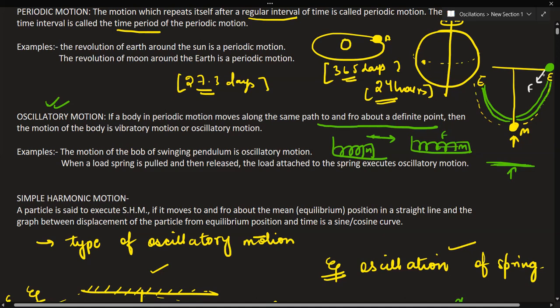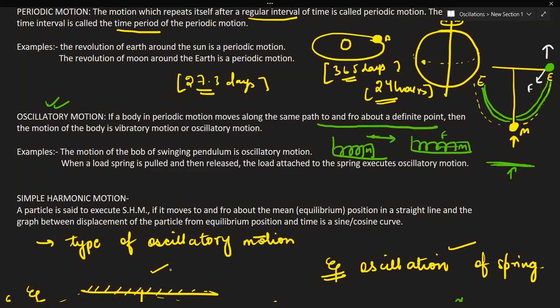Now, if the direction of the restoring force is above, then you tell me, will this bob come back to its mean position, or will it go far away? If the force is beneath, if the force acts in this direction, it will go farther away. It won't come back to its mean position.